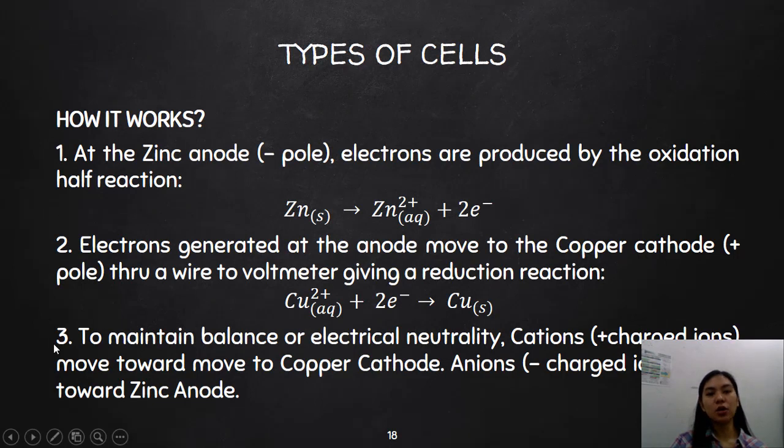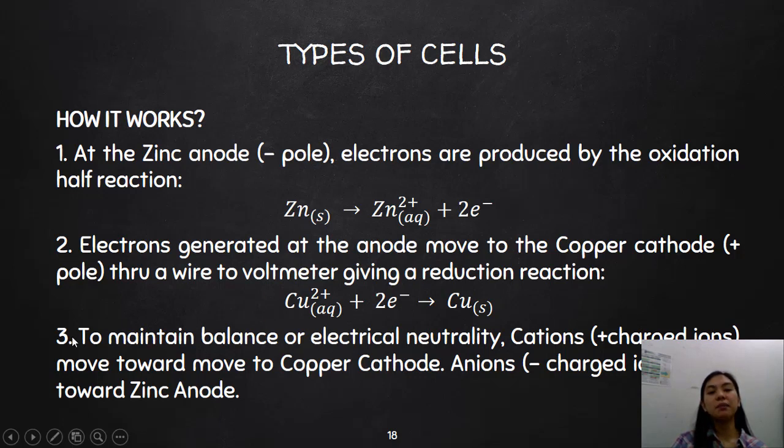Now, this is just a summary of how your galvanic or your voltaic cell works. So, number 1, at the zinc anode or your negative pole, electrons are produced by the oxidation reaction, this reaction. And then the electrons generated at the anode will move to the copper through a wire through a voltmeter, giving the reduction reaction, which is this one.